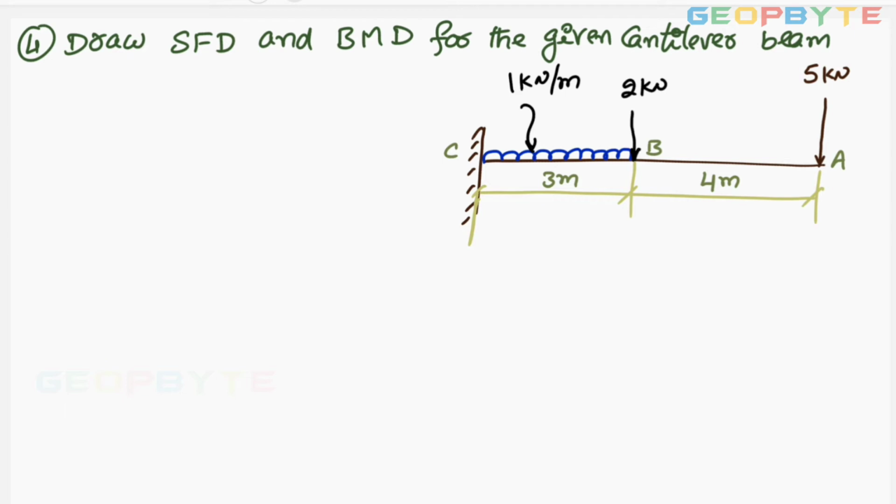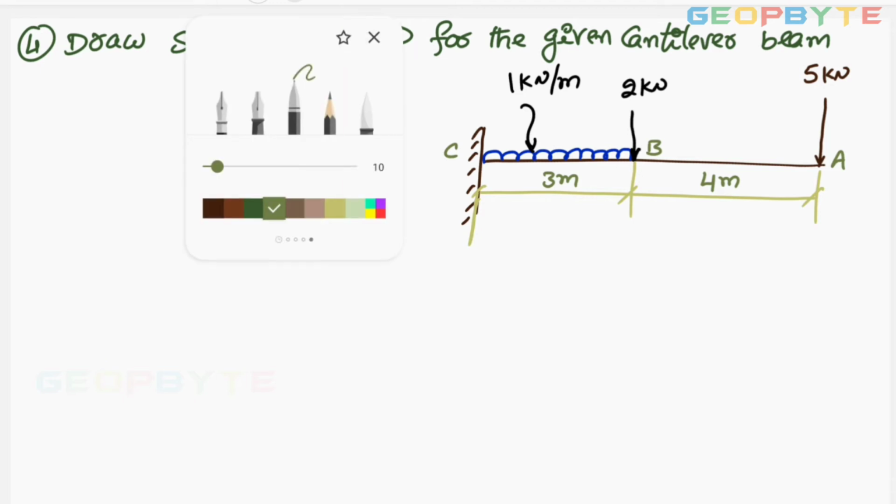Yes, look at the next problem. A cantilever beam subjected to 2 point loads. One point load at A with a magnitude of 5 kilonewtons. One more point load, let me draw it clearly.